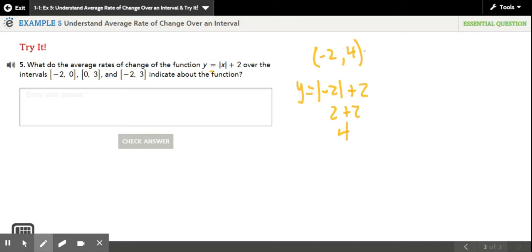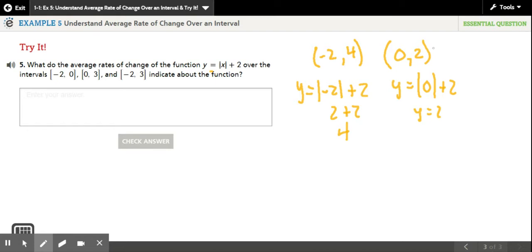Now we need to figure out what is the ordered pair where x is 0. We're going to do the same thing. So y is equal to the absolute value of 0 plus 2. Absolute value of 0 is 0, so y is equal to 2. So the ordered pair would be 0, 2.